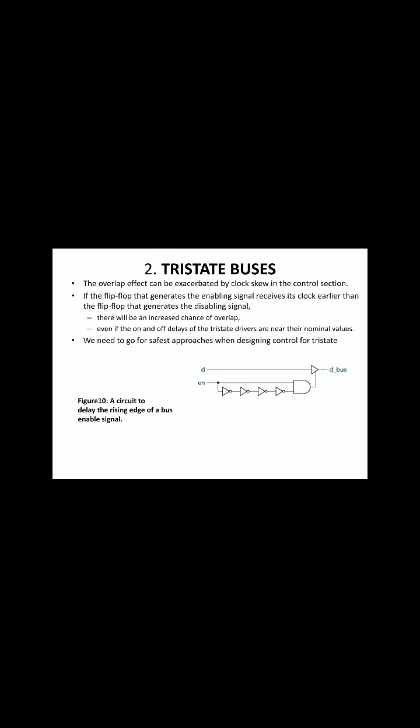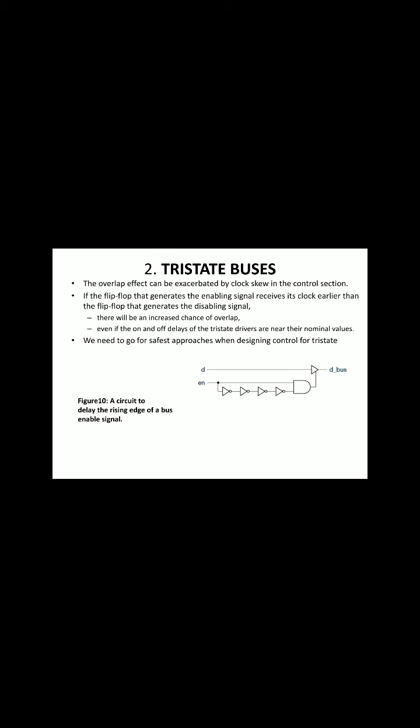You can see one effect when we try to use this enable signal as a control input for passing signals through a bus. Please observe the figure. There is a tri-state buffer with D input and the D bus as the output. Observe the enable signal.